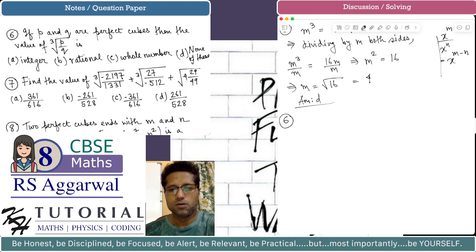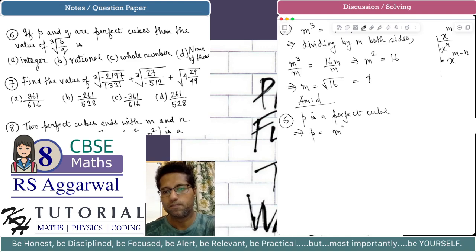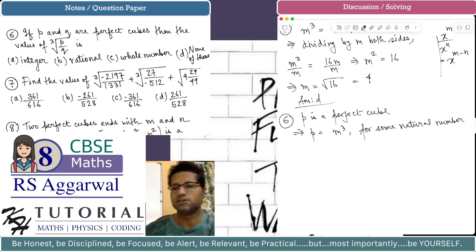It is given that p is a perfect cube, this will imply that p must be of the form m cube for some natural number m. If p is a perfect cube, there must exist some natural number m such that m cube is equal to p.